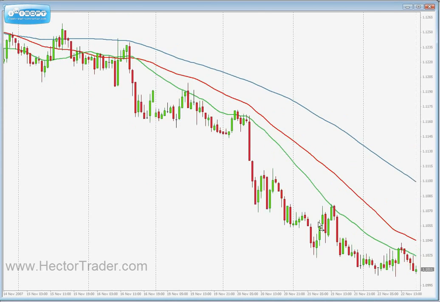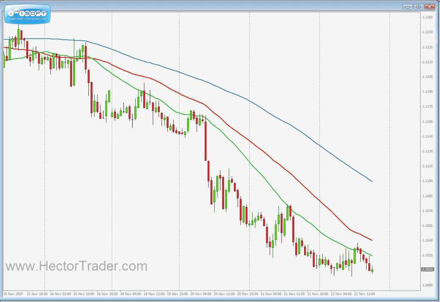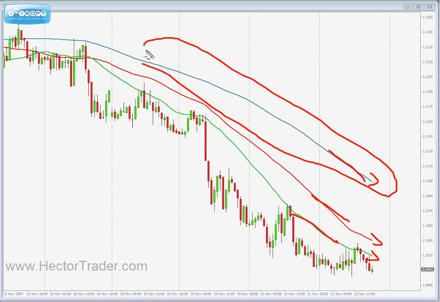As we saw in the first video of this trading course, as far as I am concerned, a trending currency pair is one that shows my three main moving averages, the 30, 50 and 100, all of them in order, all of them parallel to each other, price nowhere near the 100, price spending most of the time on the right side of the 50, etc., etc.